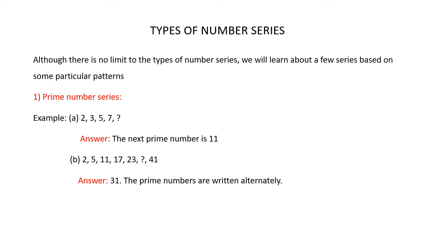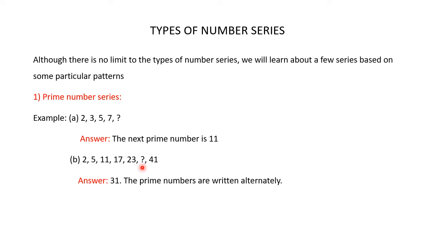So we have the series as 2, 5, 11, 17, 23, and after 23, 29 is the next prime number which is not written, and the next prime number to 29 is 31. So the missing number here is 31. The next prime number to 31 is 37.